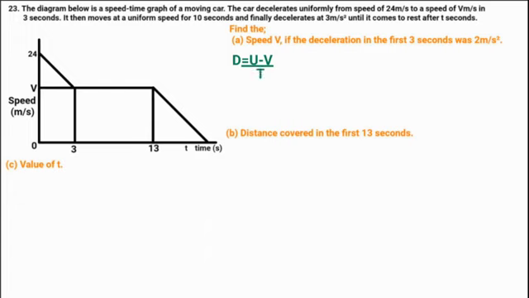Okay, in the question we're told that deceleration was 2 meters per second squared, so we're going to say 2 meters per second squared is equal to 24 meters per second. Where are we getting 24 meters per second? It's here.